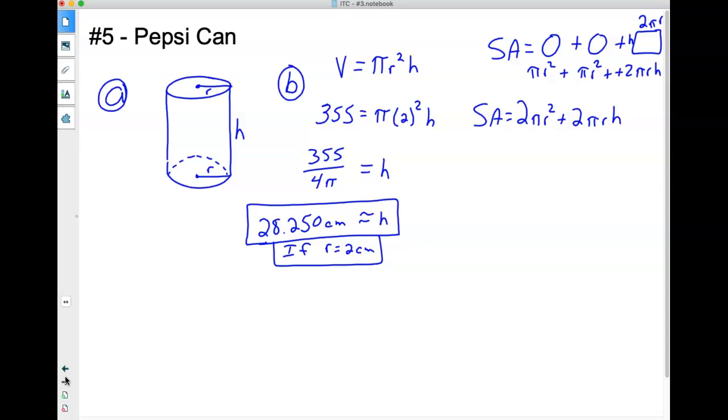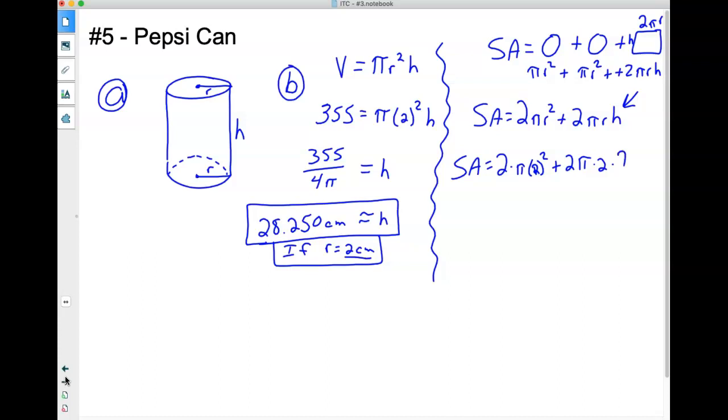Well, they want to know what is the surface area. I do know 2 times pi times the radius 2 squared, plus 2 times pi times 2, there's the radius, times this h right here. We just calculated it, in centimeters.